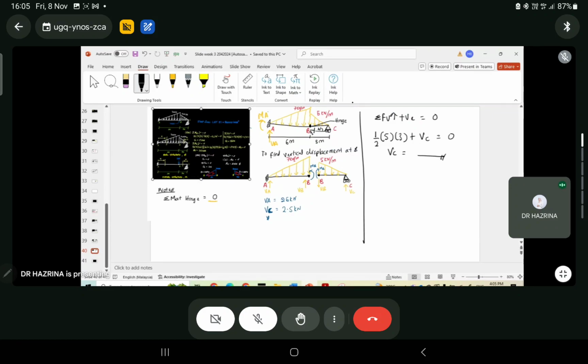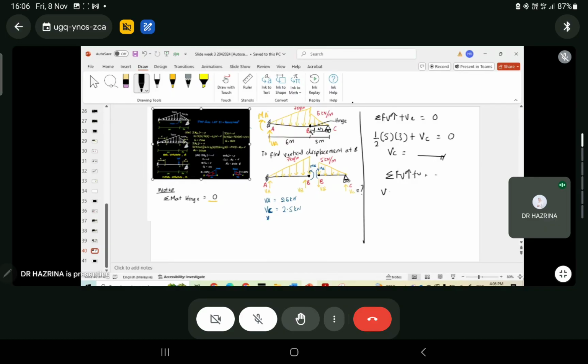So in this case, bila you dah dapat VC berapa, okay, so then you nak tahu VB you berapa. So untuk nak tahu VB berapa, so you can calculate your summation of forces, okay. Maksudnya VC ke atas, okay, positif.